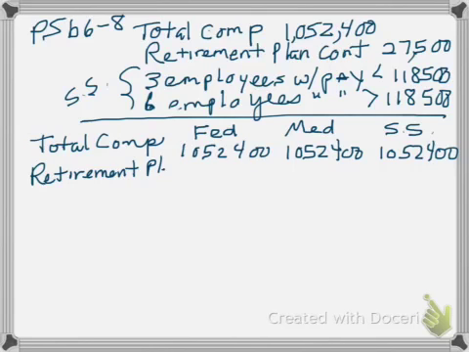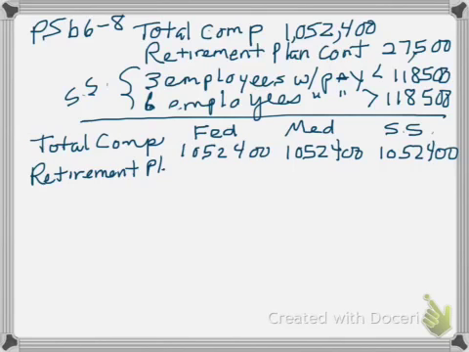In this video, I'm going to go through calculating the amount for the boxes 1, 3, and 5 for the W-3. First, in this problem, practice set B, total compensation is $1,052,400, and we're told that the contribution to the retirement plan for the employees totaled $27,500.